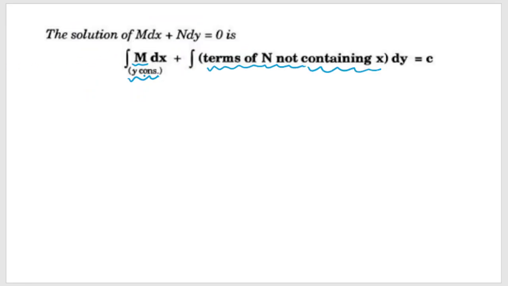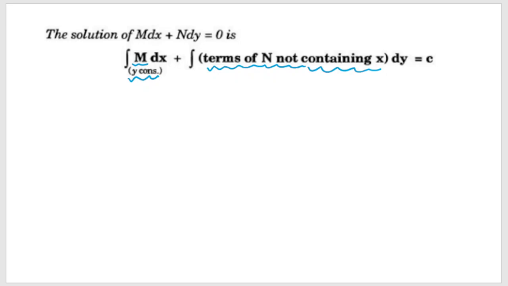We integrate M with respect to x by keeping y as constant, and then we integrate only those terms. Here students make a mistake, that sometimes in the question the terms are written in such a way that they confuse you. So be clear which term contains x, which term does not contain x. Separate them and take only those terms which do not contain x, integrate with respect to y, and then write your solution. Okay, so that is all in this video.